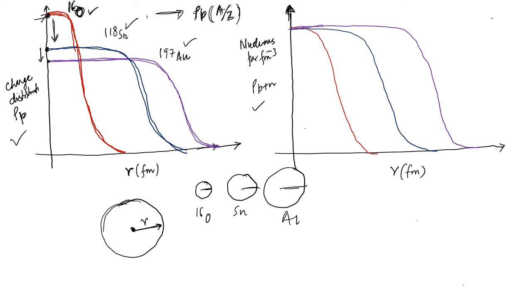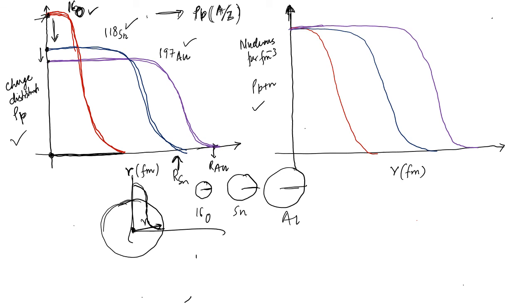So the radius is going to be different for different nuclei. This plot is from the center, and then it goes to the surface. From the center, the oxygen radius is this much, this is the radius for tin, and this is the radius for gold.